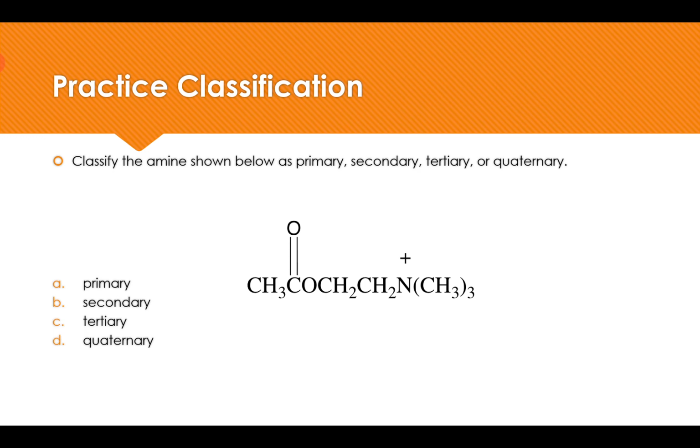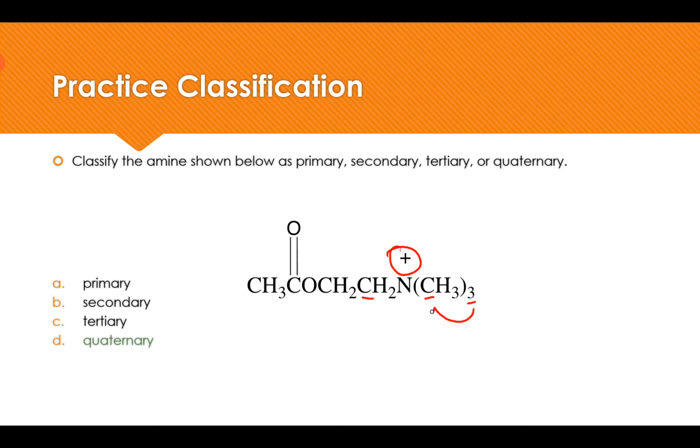What about this molecule? Primary, secondary, tertiary, or quaternary? This molecule is quaternary. You might have been able to tell that because of the positively charged ion indicated by the positive charge here. But we could also count the carbon atoms.